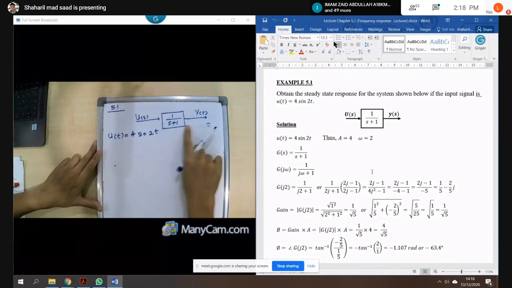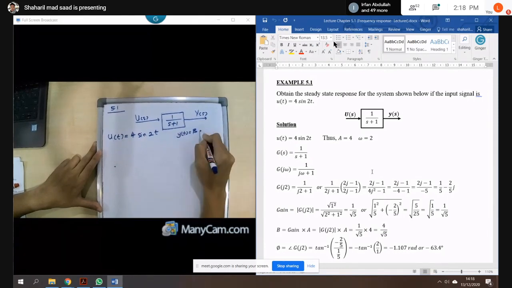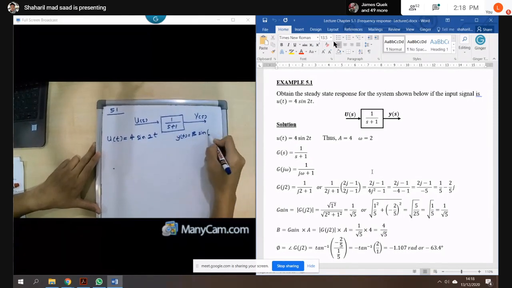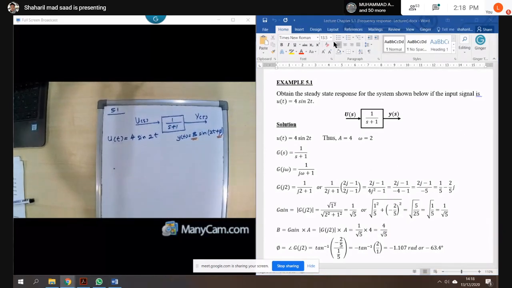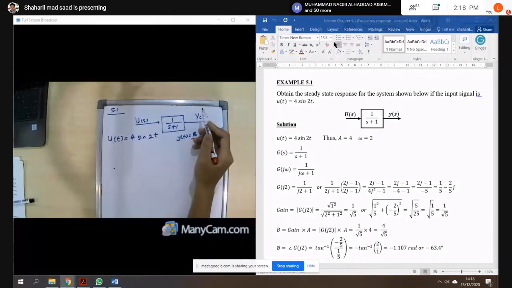We don't know yet. Let's say y(t) = B sin(2t + P), where B is the amplitude and P is the phase angle. We want to find the steady state response for the output. So how do we do that?